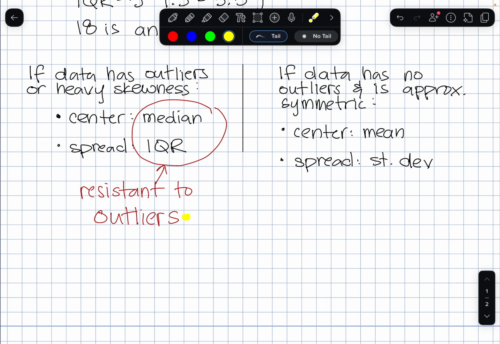So this is not going to affect either of those very much. Both of these actually depend on the actual data value. I add them up to get my mean. Or they look at the data value minus the mean. And both of those are going to be pulled by any outliers in my data set. So if I've got outliers, median and IQR, no outliers and approximately symmetric, mean and standard deviation.